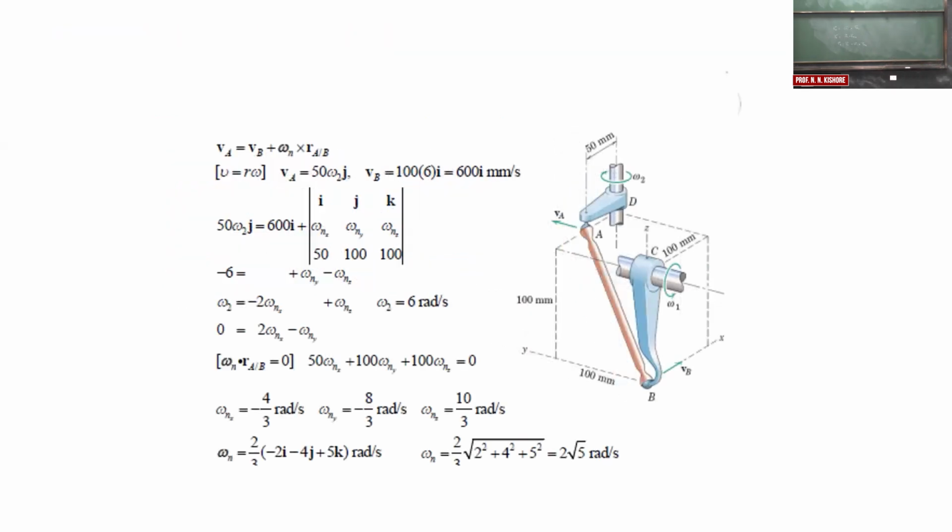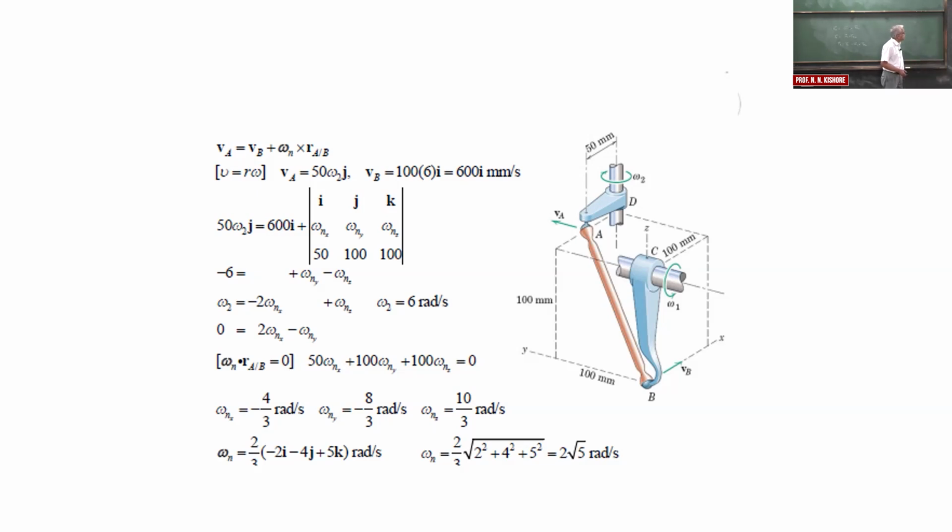Now you can see that fundamentally we are relating A with B. That's the last equation, which you put first, A with B. He knows the velocity of A as 50 omega 2 j, because A is rotating about D. That's what I've written here.